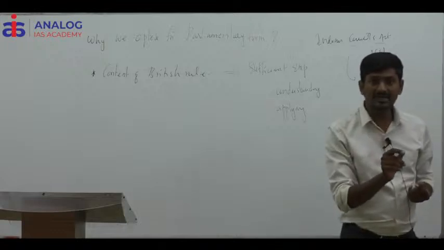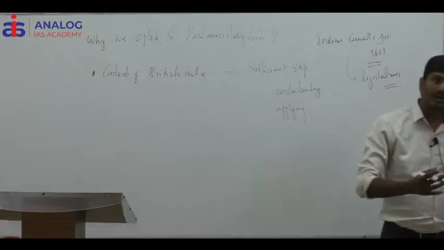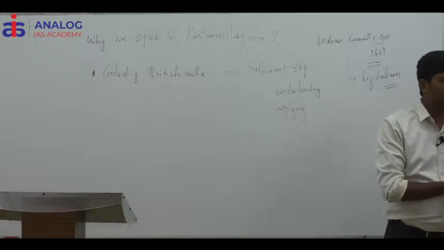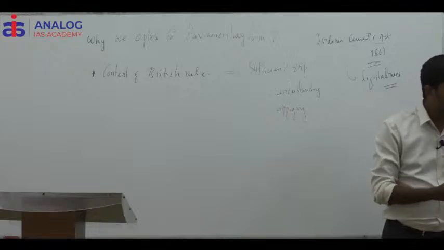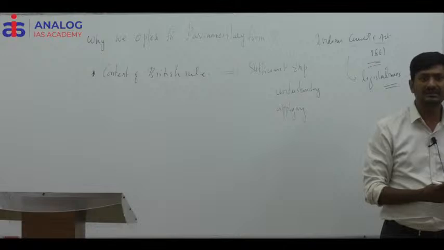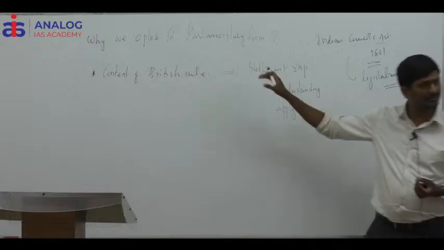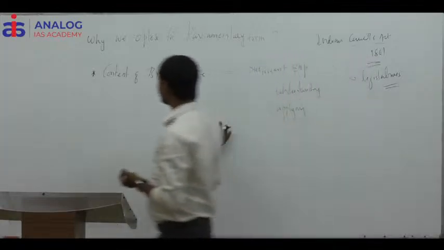Right from the Indian Councils Act of 1861 till the 1935 Government of India Act, we are following various British practices. Many British institutions have been introduced in the country: civil services, judiciary, local bodies. So that is one, the context of the British rule.